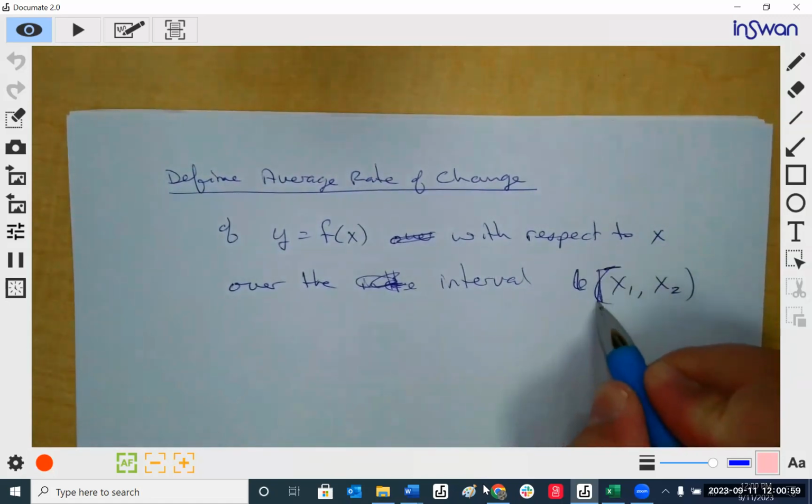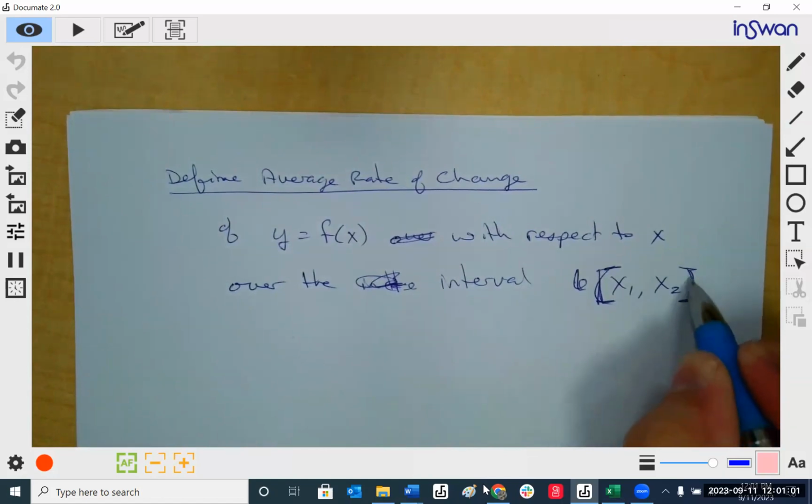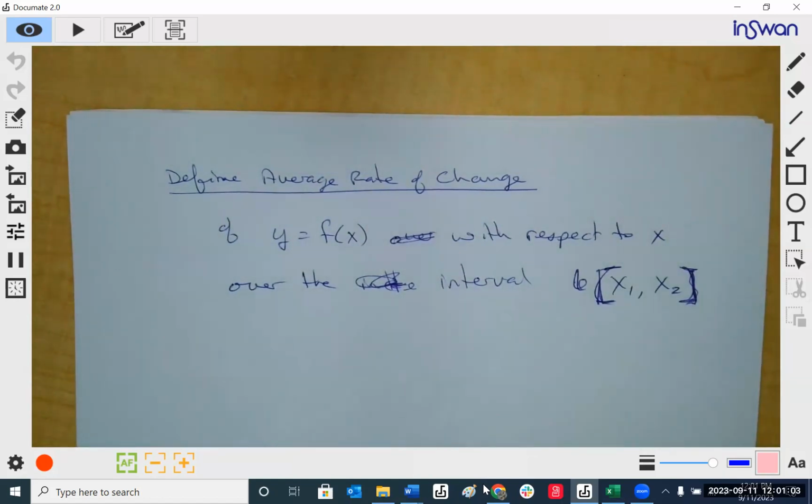Actually, it's an interval, so I use brackets. If I use parentheses, it's a point.